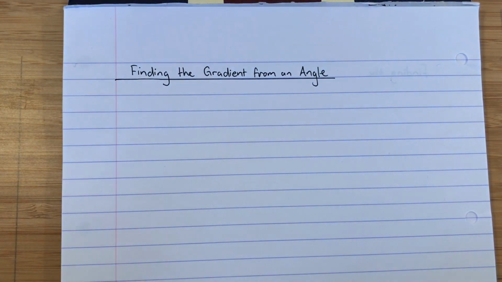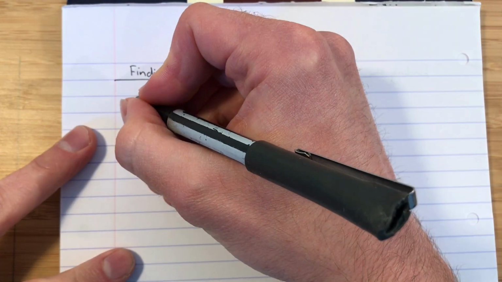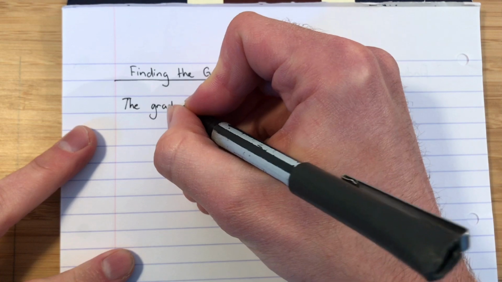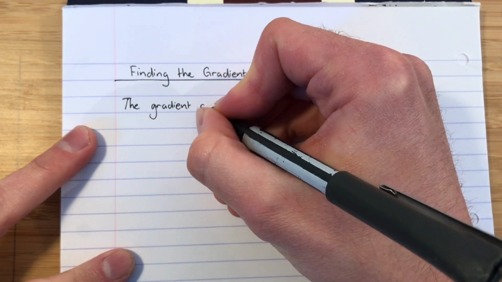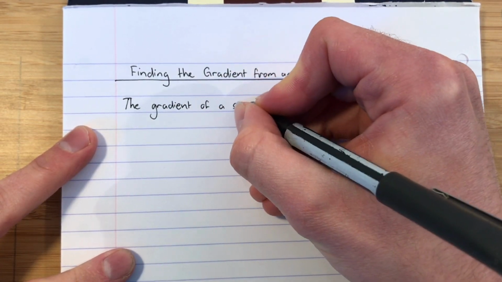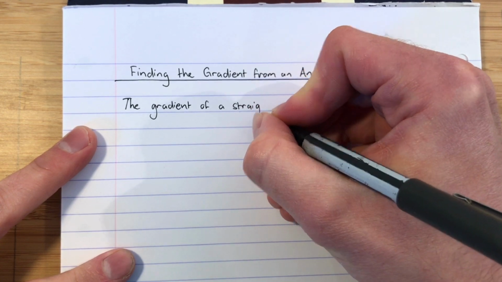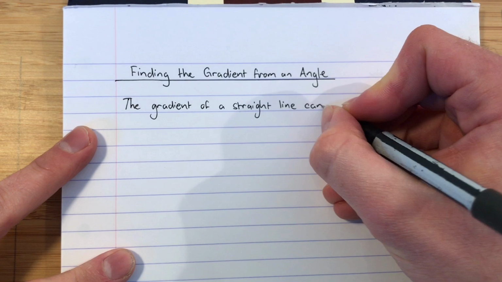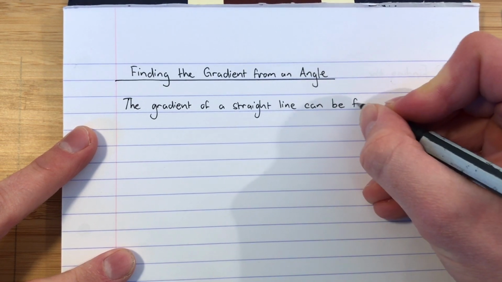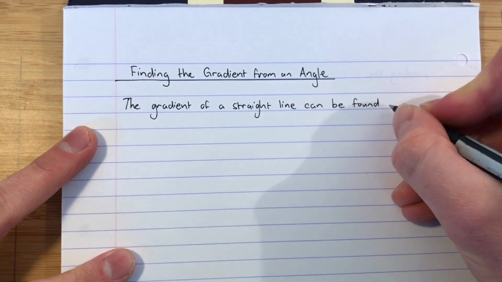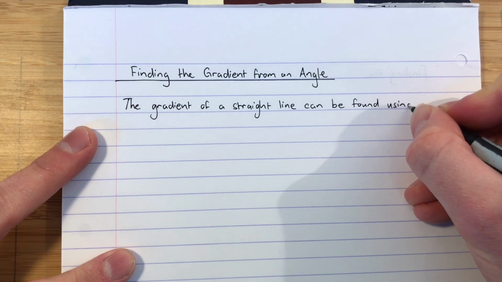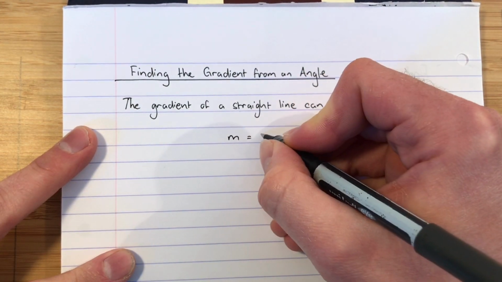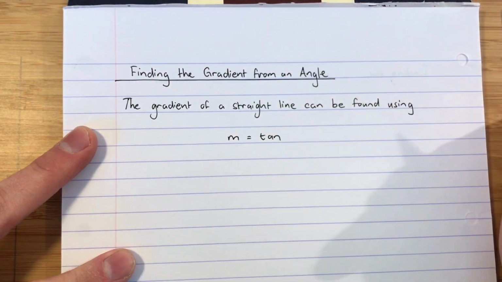So we'll say the gradient of a straight line can be found using m equals tan theta.